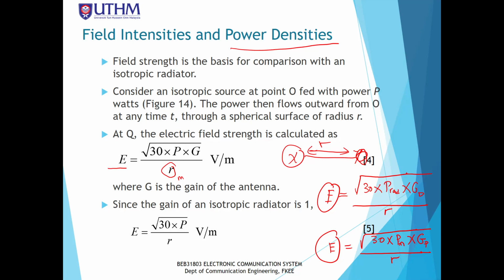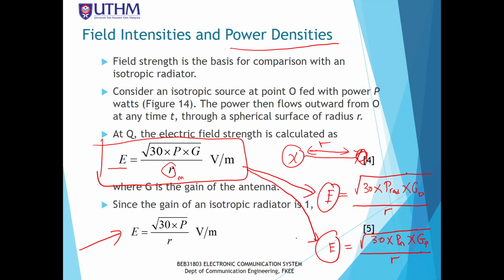So, okay, now we're going to see about the isotropic radiator. What happened to the isotropic radiator? Okay, so from here, this is the E field equation. You can rewrite the E field equation again like this.